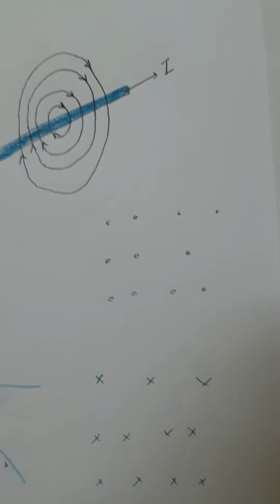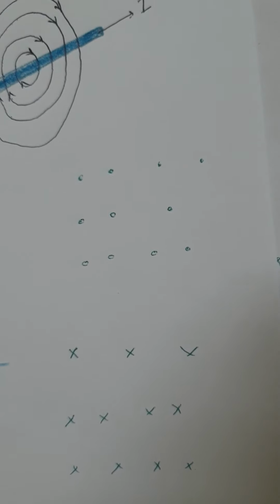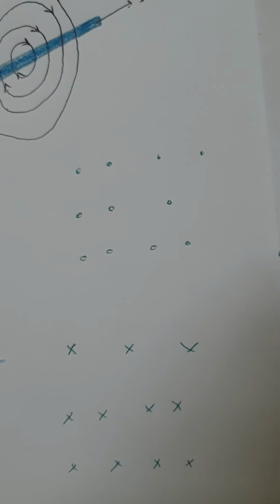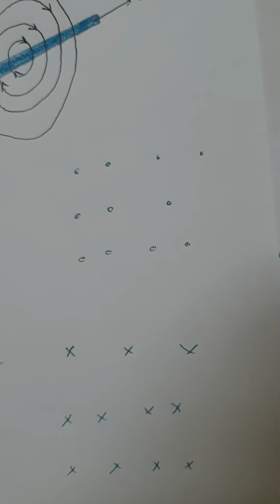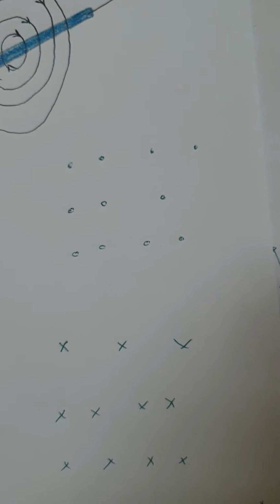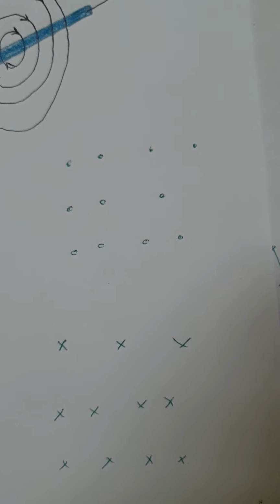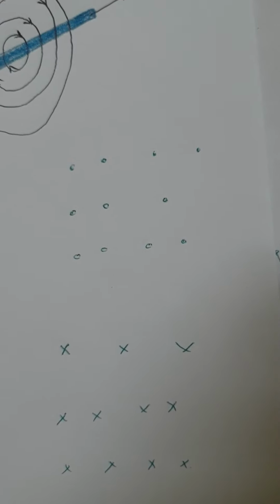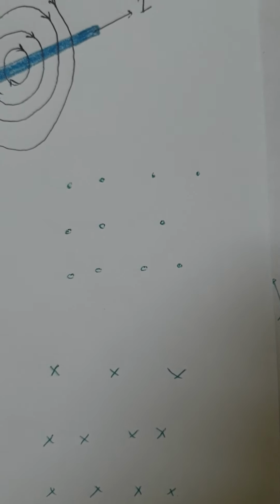There is a good way to remember these conventions. We can think of a dot as the head of an arrow coming directly towards you, and you can also think of a cross as the feather of an arrow flying directly away from you.